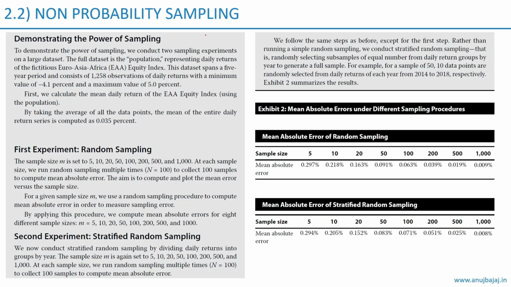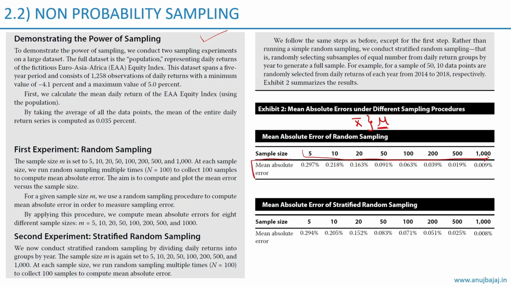If you have time, I would strongly recommend you to read through this demonstration. The main point that this demonstration is trying to prove is that as the size of the sample increases, the sample becomes a more accurate representation of the population. That is, the sample statistic becomes a good estimator of the population parameters.